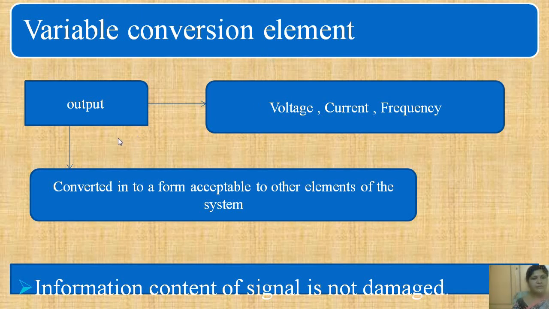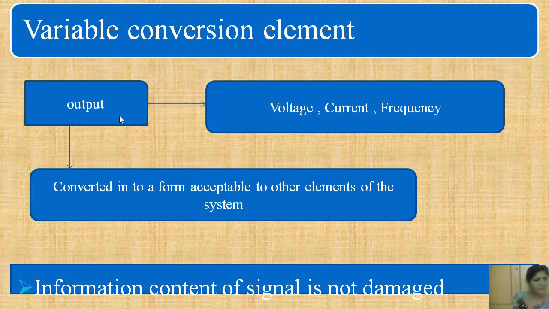So this variable conversion element converts the output of the primary sensing element to a form that is acceptable to the other elements of the measurement system. That's why it is called the variable conversion element.